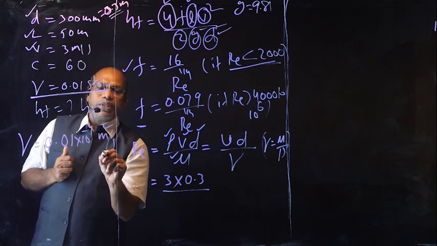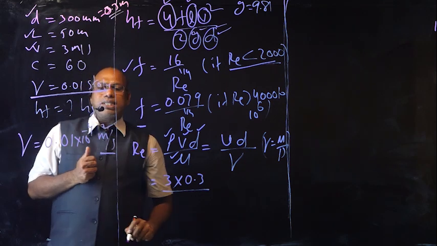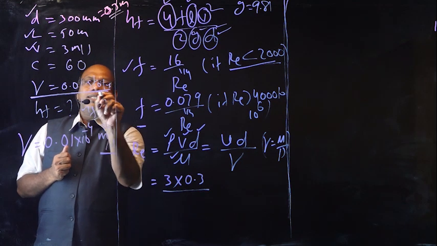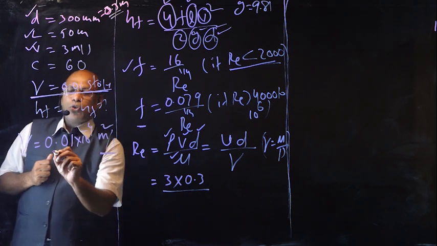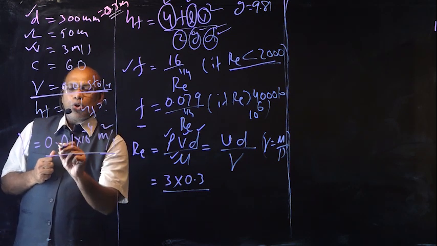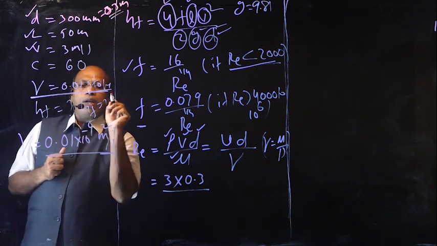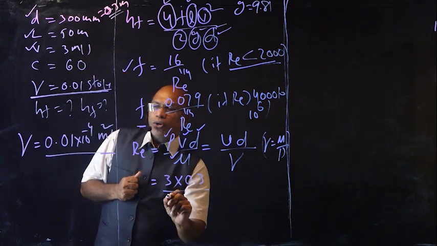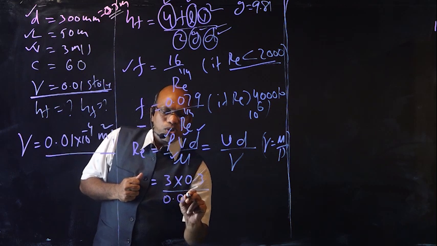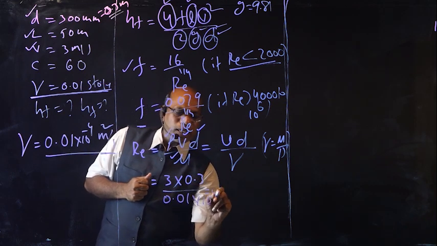These are the units of kinematic viscosity in the SI system. In the CGS system, Stokes is the unit of kinematic viscosity.